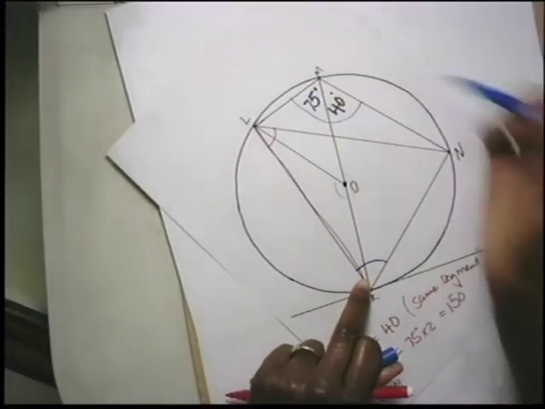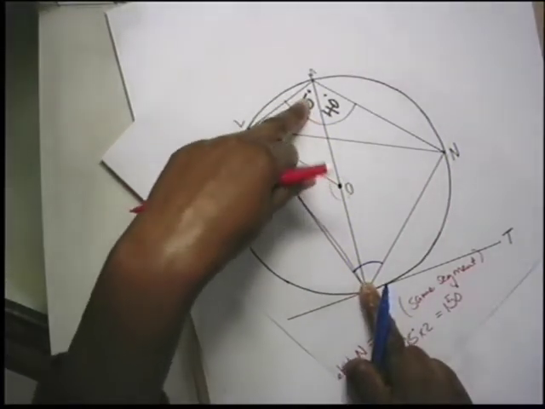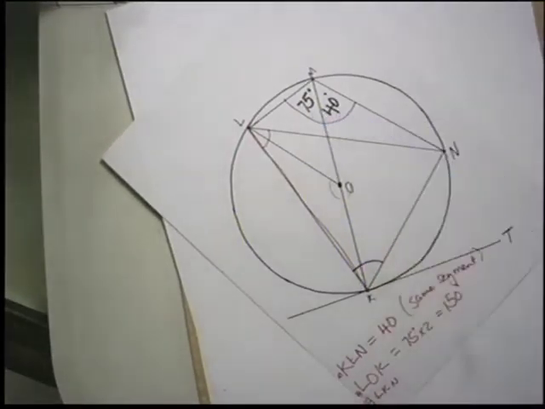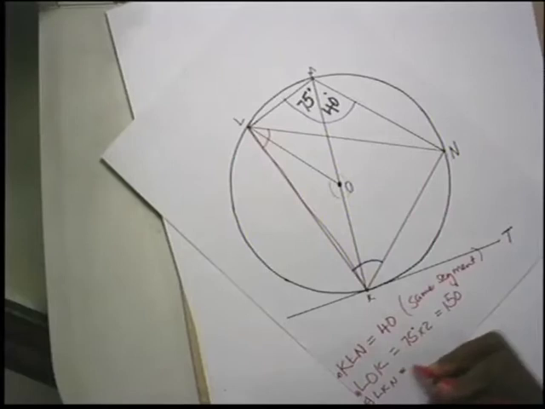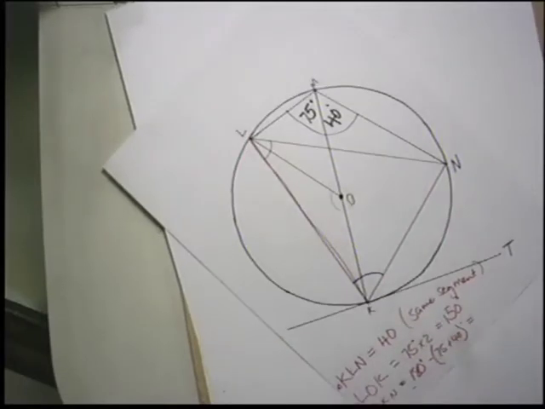So you can put 75 and 40 together, and you can see these two angles are opposite each other, and then they are supplementary. So how can we get this angle here? We can add these two angles together, 75 plus 40, which will give us 115, and then we subtract that total from 180. So this one is going to be 180 degrees minus 75 plus 40. So you add these two angles together, then you subtract them from 180.